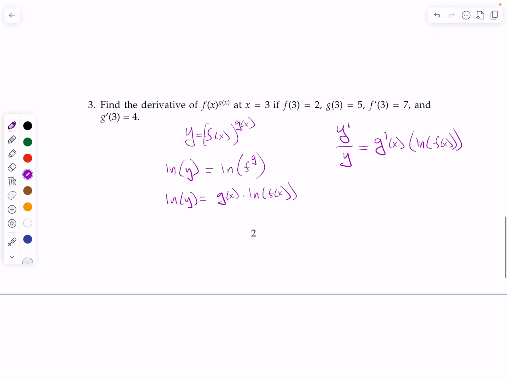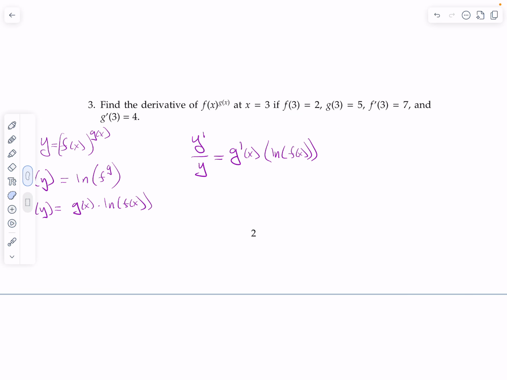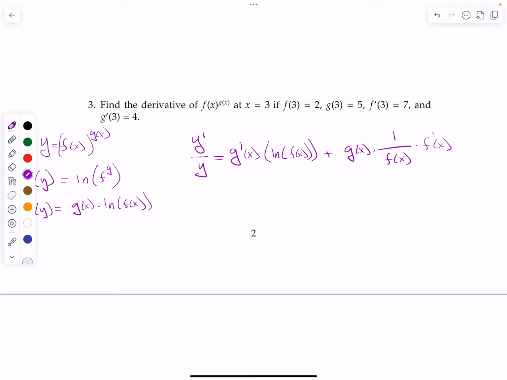I did not leave myself enough room. Let's move this over. Plus g of x times the derivative of the natural log, which using the chain rule, you get 1 over f of x times f prime of x.